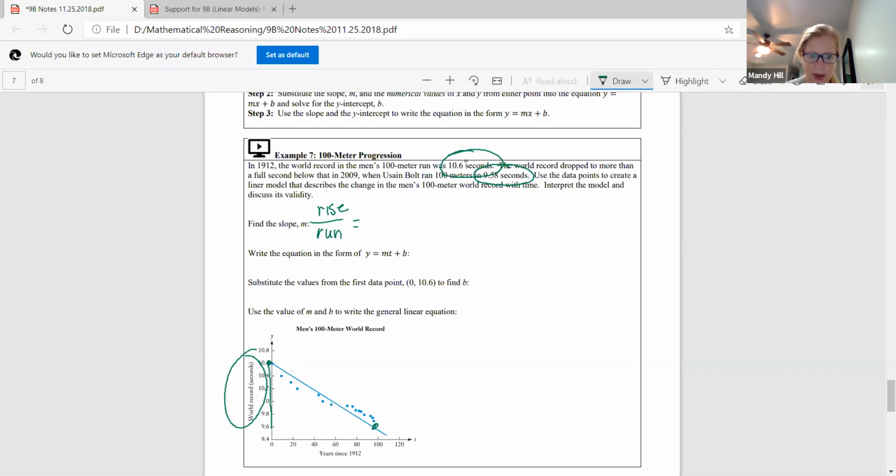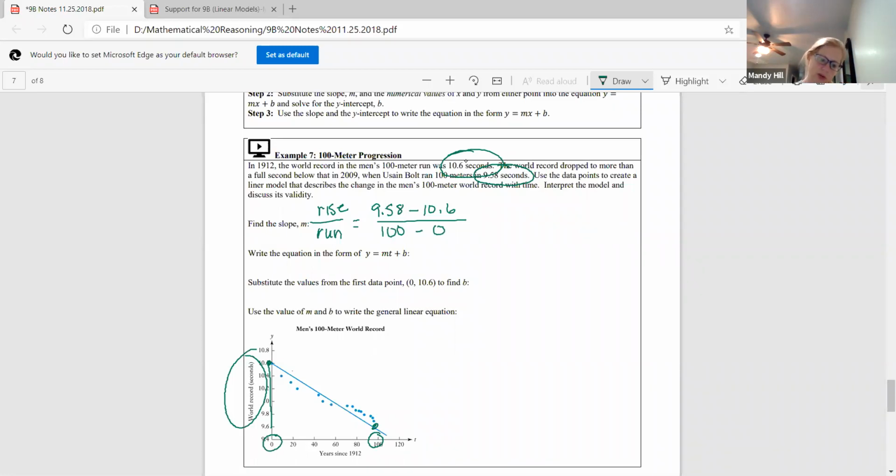So we would actually take the 9.58 minus the 10.6 to get how many seconds we fell. Then our run part is in years, and we're going from 0 to 100, so 100 minus 0.